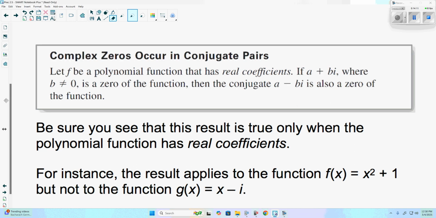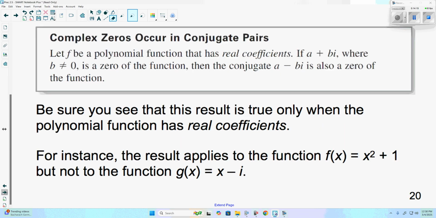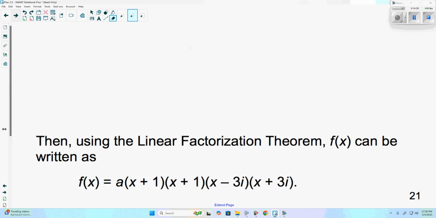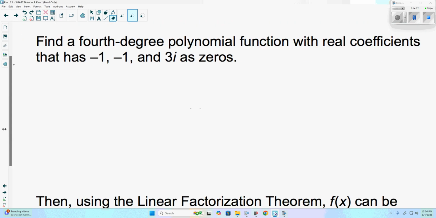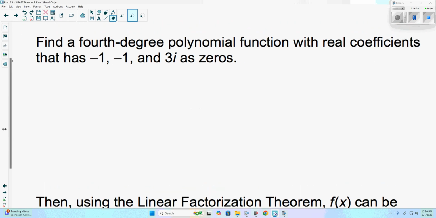If one is a solution, the other has to be a solution as well. For instance, the result applies to the function x squared plus 1, but not to the function x minus i, because that's just 1. So if 3i is a solution, then -3i is a solution. If we have one, we have to have the other.